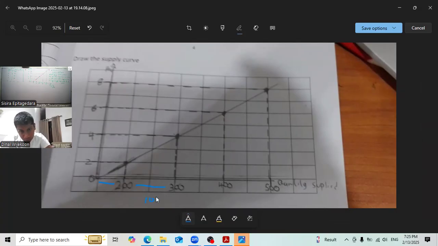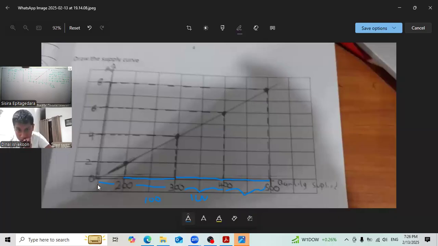To show a 100 distance, you have taken how many squares? 2. Then again, the gap between 300 and 400 is 100, right? To show a 100 distance, you have used 2 squares again. Is that clear? Yes, sir. Again, to show a 100 distance, you have taken 2 squares.